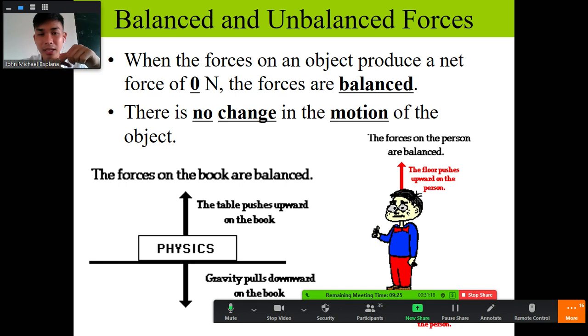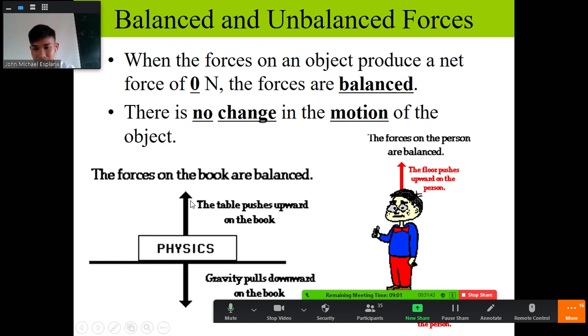So when you were in grade 7, you were actually informed about the speed, okay? So there will be no change in speed. If the speed of a ball is 2 meters per second, kapag balance force, that will remain at the speed of 2 meters per second, okay?